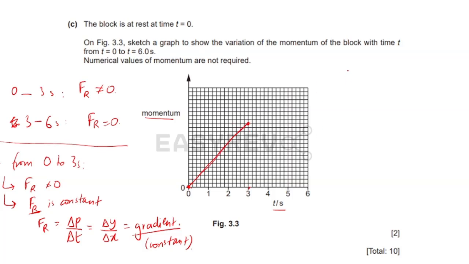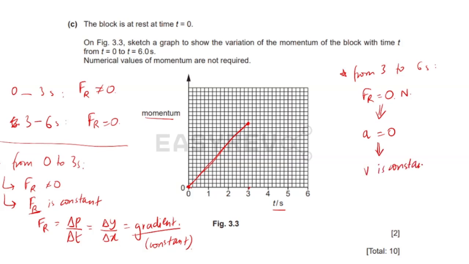Now let's look at the situation from 3 to 6 seconds. Now from 3 to 6 seconds in this later half, we had recognized that the resultant force is 0 newtons now. When it's 0 newtons, we had also established that there is no acceleration, meaning velocity is constant.